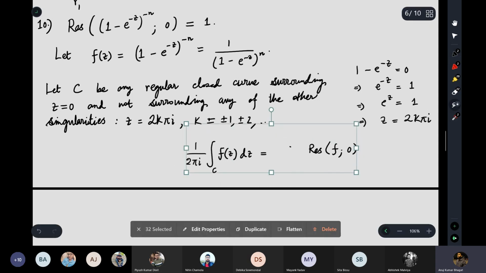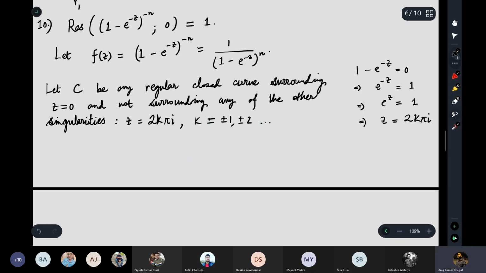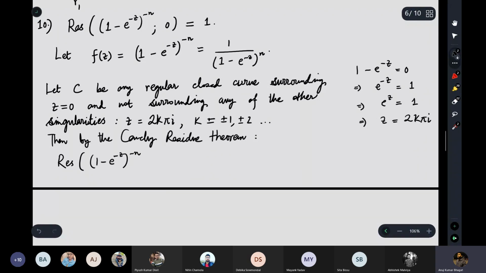So I'll simply write that. Then by the Cauchy residue theorem, what we have, residue of the function, I'll simply write this function, at 0 is 1 by 2 pi i times this function again.